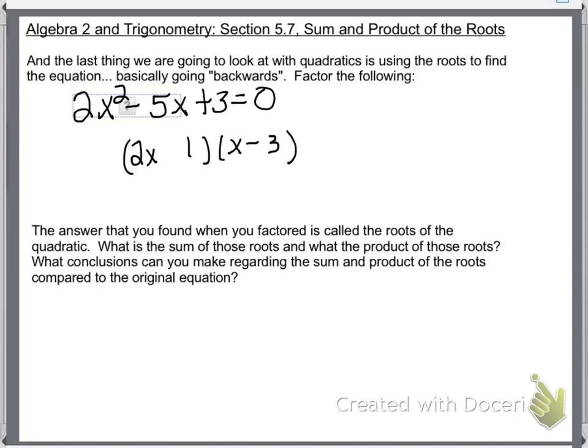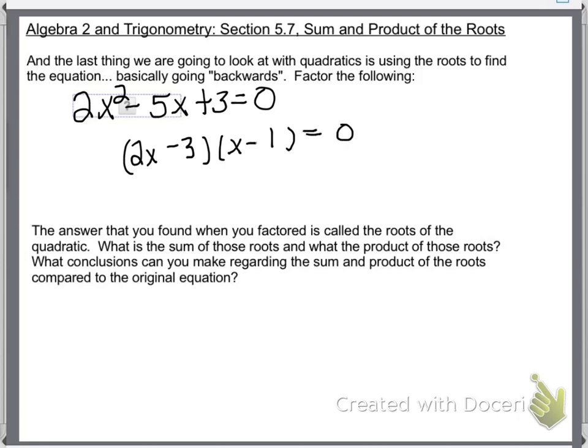If I get a negative 6, oh, that's not going to work. They both have to be negative to get a positive 3 and a negative 5. So if we do negative 3 and negative 1, we get negative 3 on the insides and negative 2 on the outsides, which adds up to negative 5.